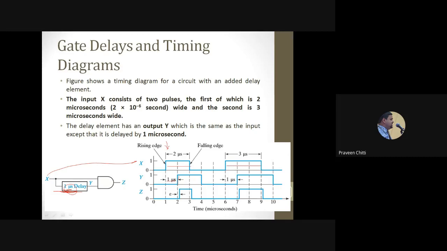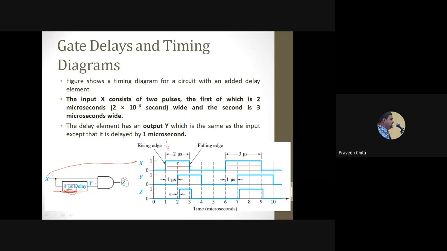Now, at this particular interval, you can see what is happening. At time t equal to 2 microseconds, X is 1 and Y is also 1. So what should be the output Z? Both have become 1 at 2 microseconds, so output Z should become 1.